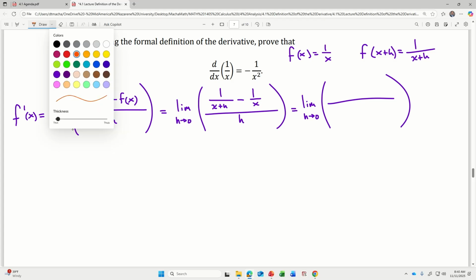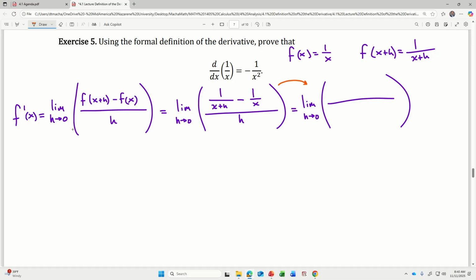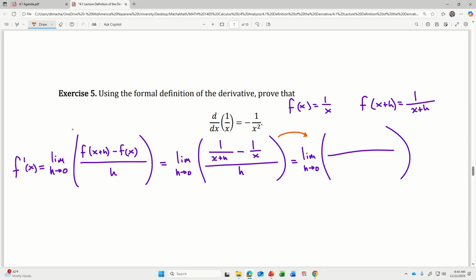Hopefully you know how finding a common denominator works. We've only been doing it since 7th grade. If I'm trying to subtract these two fractions, 1 over x plus h minus 1 over x, then I find a common denominator by multiplying the first fraction by x over x, and the second fraction by x plus h over x plus h.